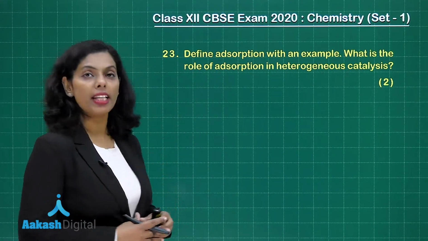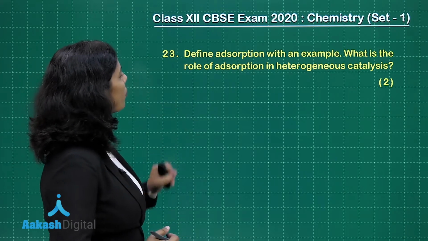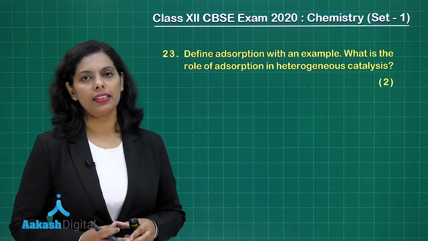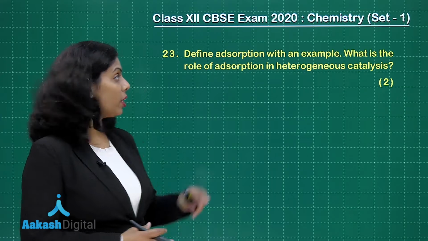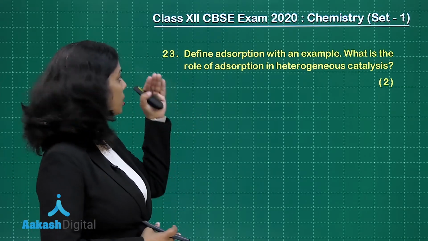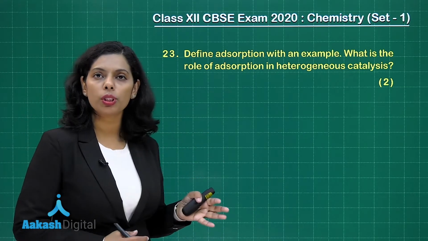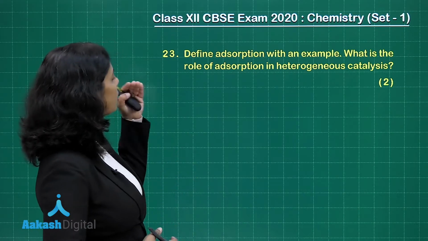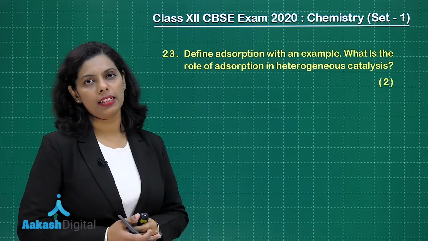Define adsorption with an example. What is the role of adsorption in heterogeneous catalysis? Basically, this is the question where you need to write once again 2 parts. First part, the definition of adsorption with example, and the second part, the role of adsorption in heterogeneous catalysis.